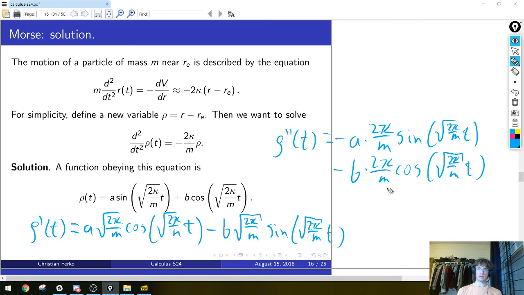So what's the upshot of all of this? We were trying to find a physical answer for the question of how the distance between these two oxygen atoms in a diatomic molecule changes if you kick one of them. And we found roughly that if you're close to the equilibrium distance, the distance looks like a sine or a cosine. We know what the graphs of sine or cosine look like. I'll just draw sine. It kind of oscillates.